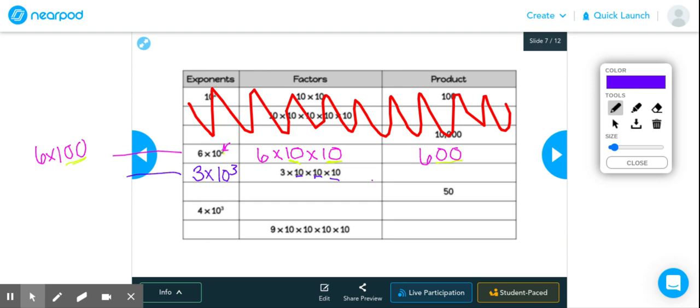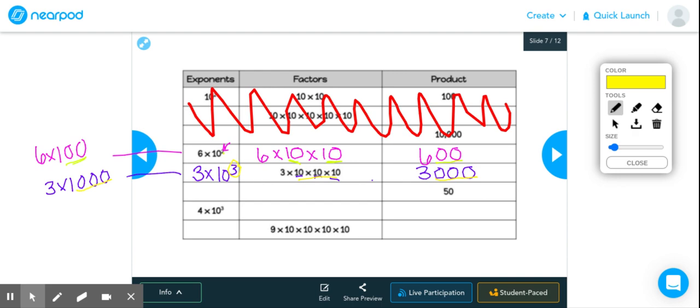Again, that's the same thing as saying 3 times a 1 with 1, 2, 3 zeros, so 3 times 1,000. My product or answer is going to be 3 with 3 zeros. 1, 2, 3. Again, here's that connection. 3 zeros. My exponent's a 3. We used 3 tens. My product has 3 zeros.